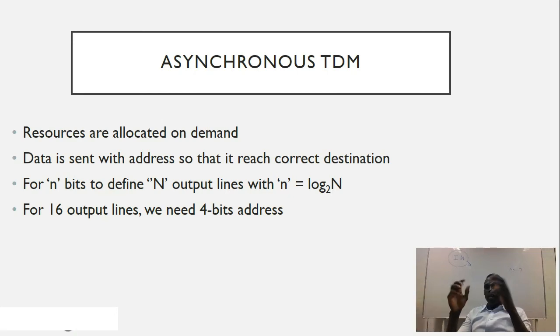In a particular link, if we have n bits to define n output lines, n is equal to log2 n. This means if we have 16 output lines, we need a 4-bit address for each frame.